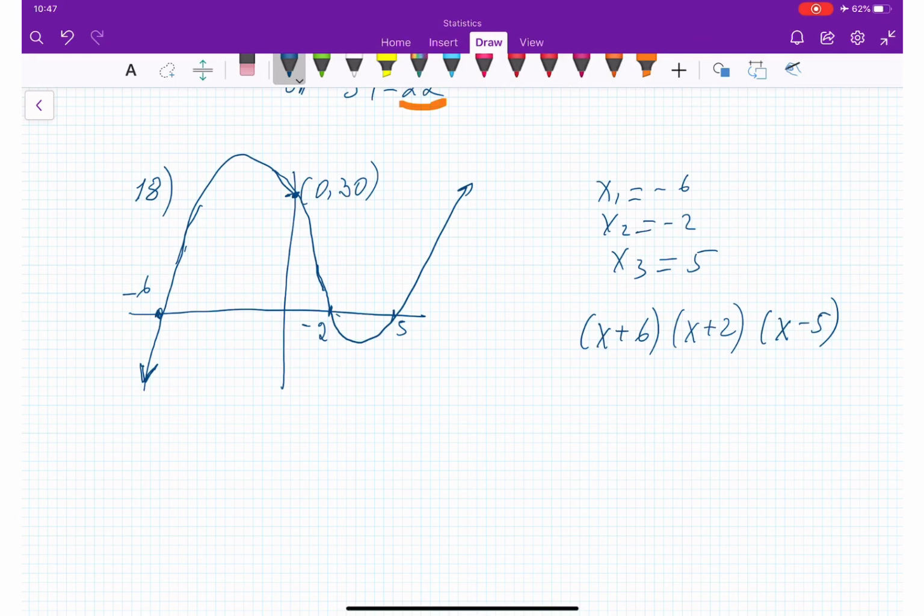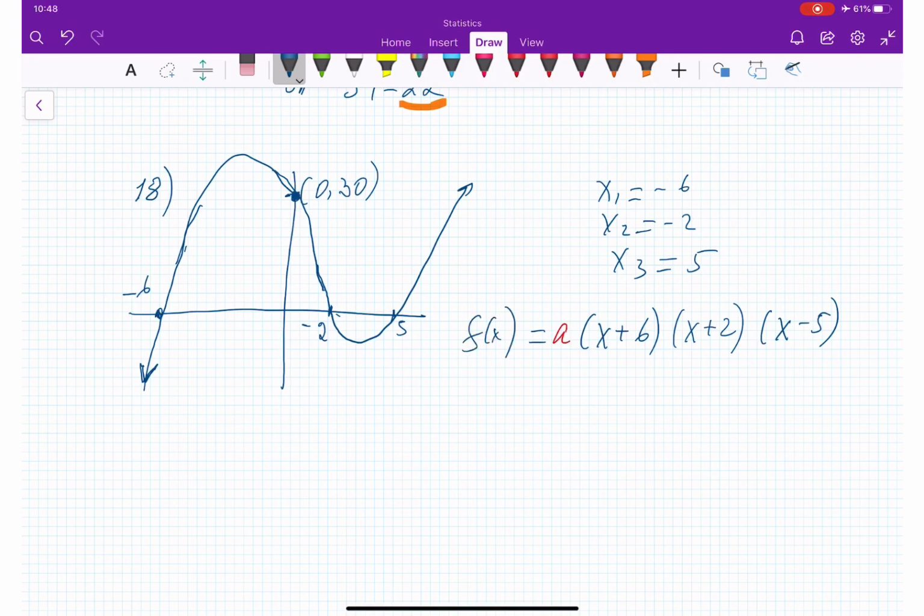Okay? So now the other thing is we also need to find our coefficient. To find our coefficient, I am taking this point where x is equal to 0, y is equal to 30. I'll write down here, this is some coefficient a, we don't know, and this is our f of x.